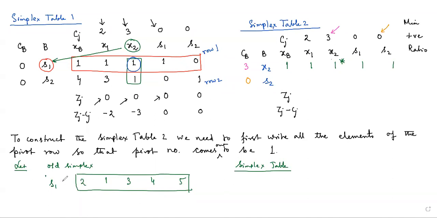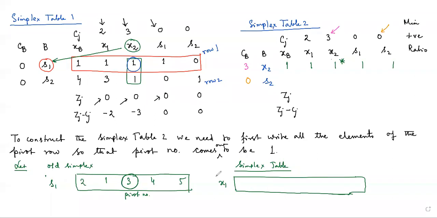First of all, this variable S1 will be replaced by a new variable, say X1. And I have to write the elements of this row in such a manner that in the pivot number position, 1 comes. Suppose this position is my pivot number position. But here the pivot number is 3.